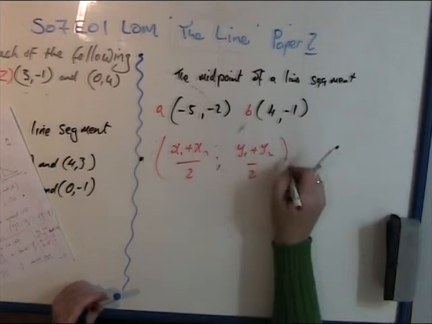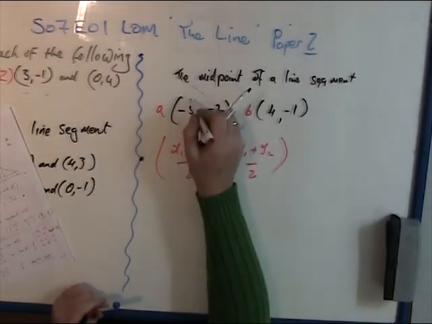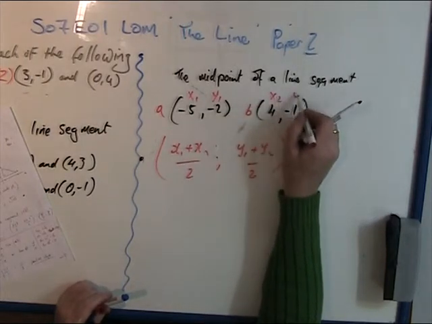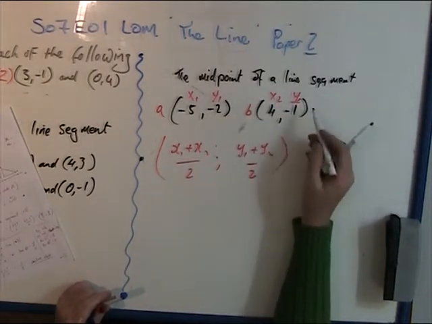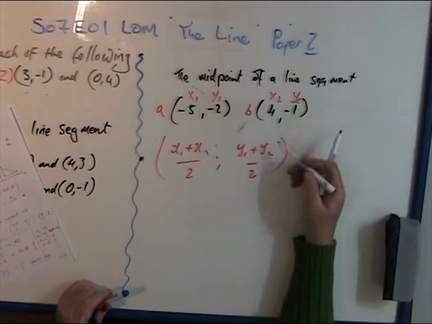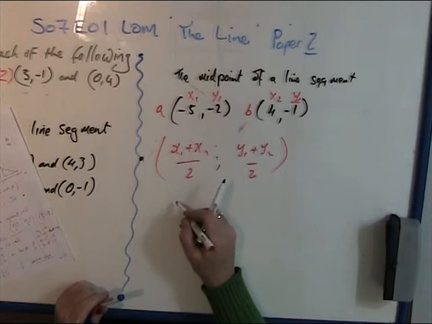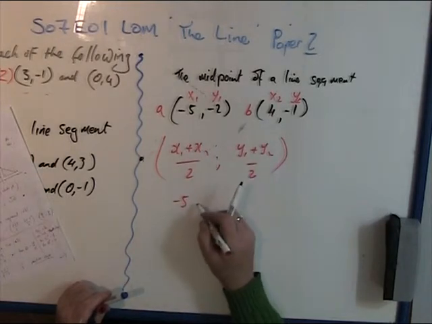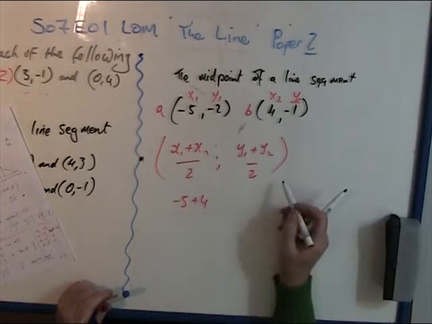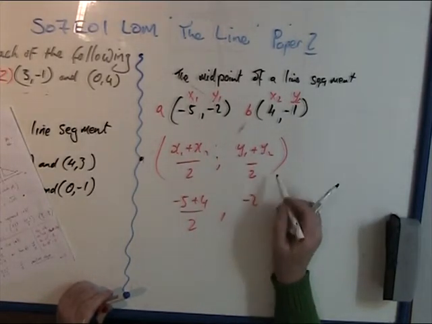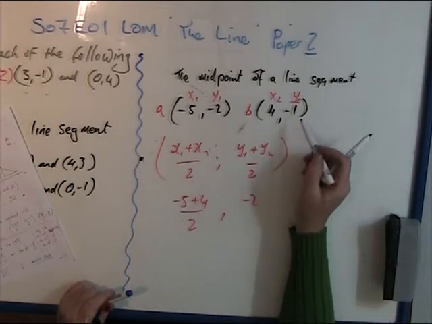So first of all, you use x1, y1, x2, y2, so you don't get confused. There's no inventiveness here, it just requires you to slot them in. x1 minus 5, x2 plus 4, all over 2.